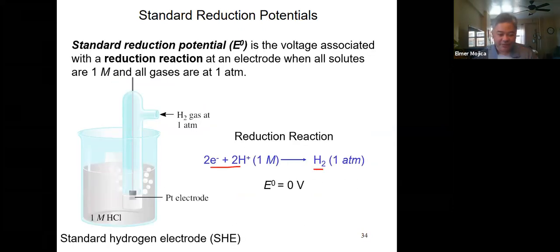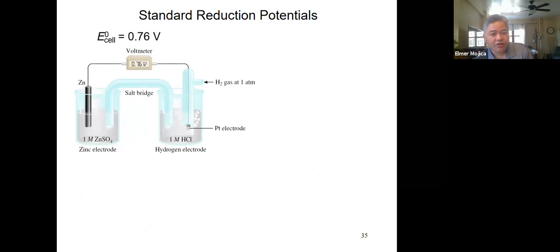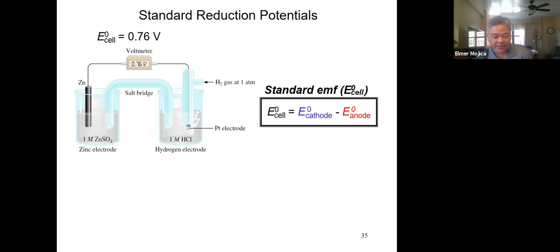So what does it mean? If we reverse the reaction, we're going to have the same value, because we're just making it into an oxidation reaction. So when zinc was combined with hydrogen, they found out that there's a cell potential that registered as 0.76.